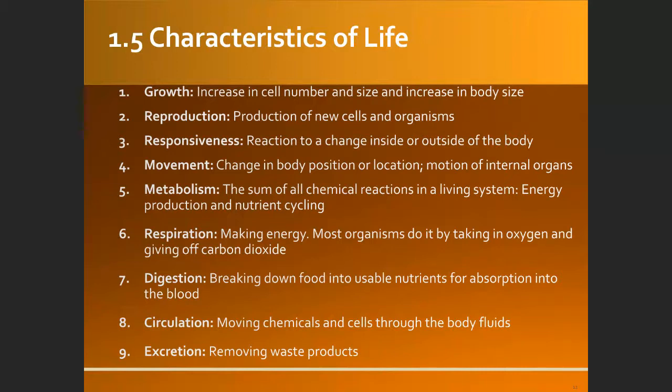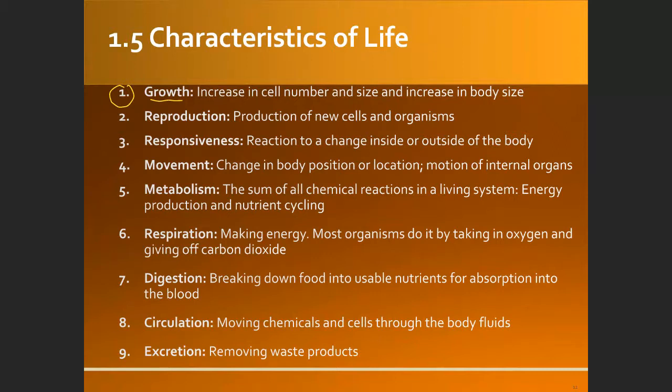First, all living things grow. So there is growth, which is an increase in cell size and also cell number. For the unicellular organism, the growth is by increasing the size a little bit. But for the multicellular organism like us, the growth is also increasing the size and also increasing the cell numbers.